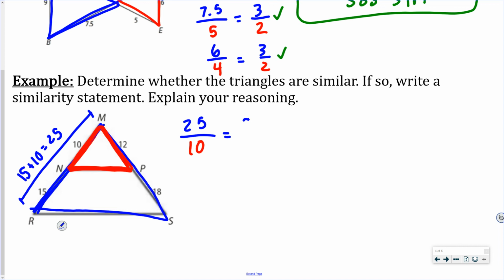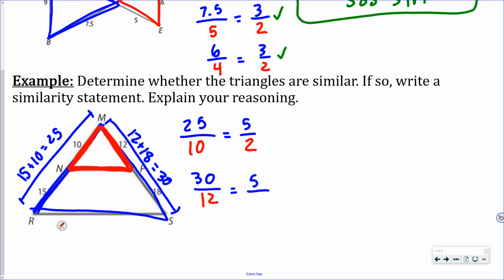Reduce that: 5/2. Okay, let's check the scale factor on that other side, on this one right here. Same thinking. This one's going to be 12 plus 18. This one's 30, which corresponds to 12, which also reduces to 5/2.